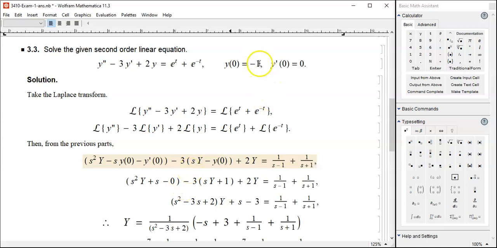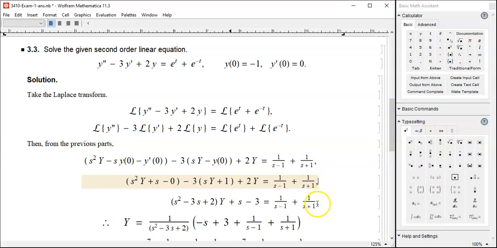Let's plug in the initial value conditions, and then what do you get? Y prime of 0 is 0, so this one drops out. And then y of 0 is -1, so instead of negative we have plus, and we have sign changes. Okay, we have that.